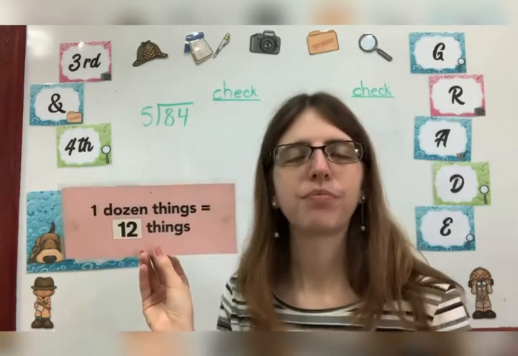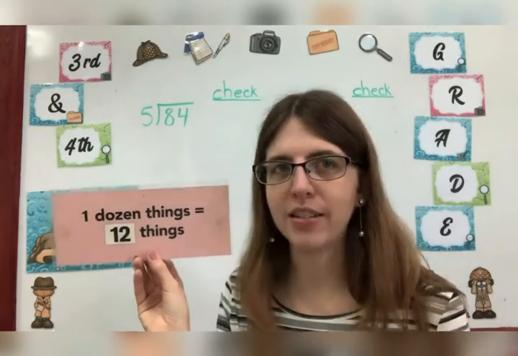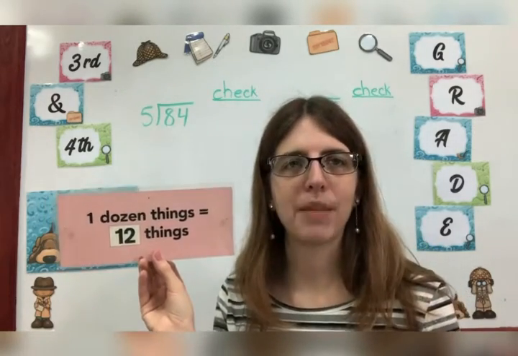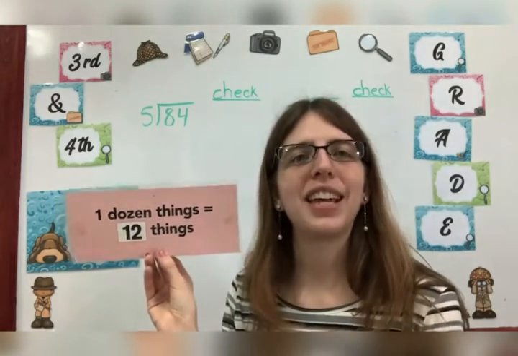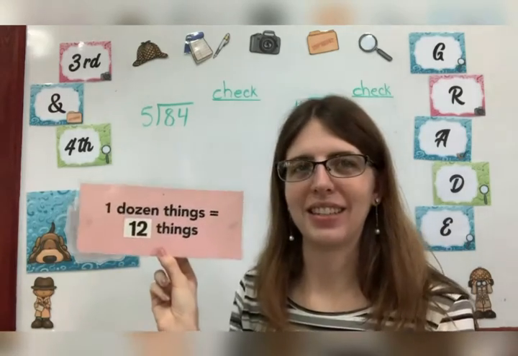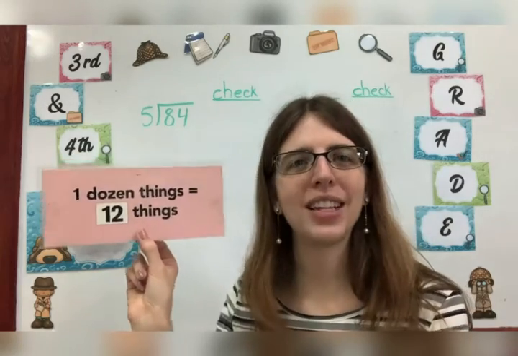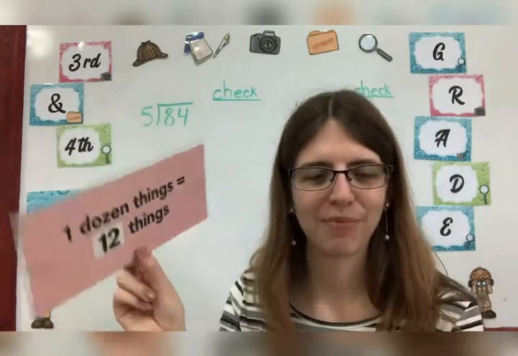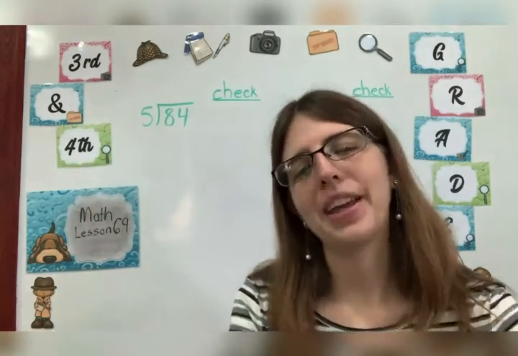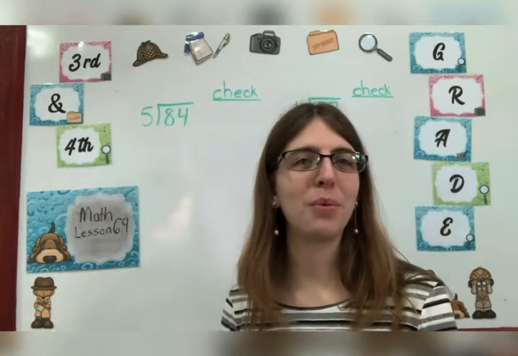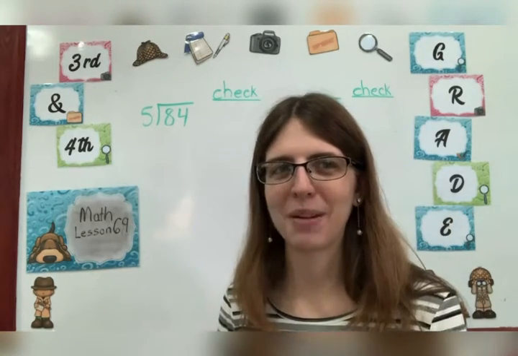You can buy pencils in dozens. You can buy apples in dozens. Lots of things like that you can buy in dozens. So 1 dozen is 12 things. Una docena de cosas es 12 cosas. All right, I'm going to add that back into our measures. So we will see that another day when we practice our measures.